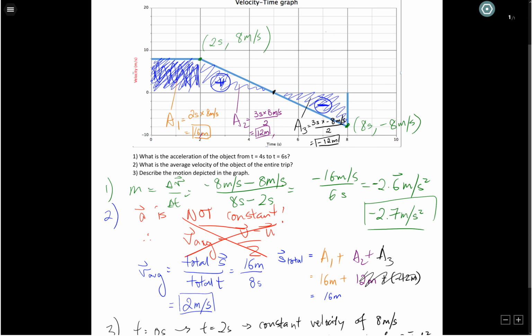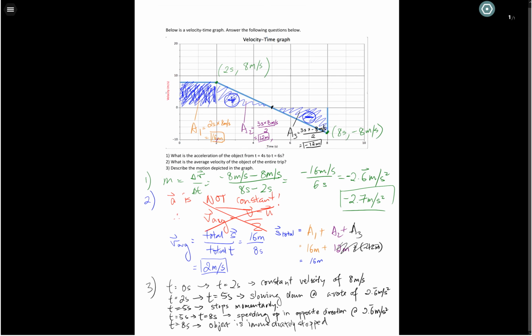At 8 seconds, notice the graph takes a little hike all the way up to 0 meters per second. Exactly at 8 seconds, our object is immediately stopped. If you want to use the graph to tell a story, which you could, for example, you could describe a soccer ball, perhaps rolling at a constant velocity, then approaching a hill.